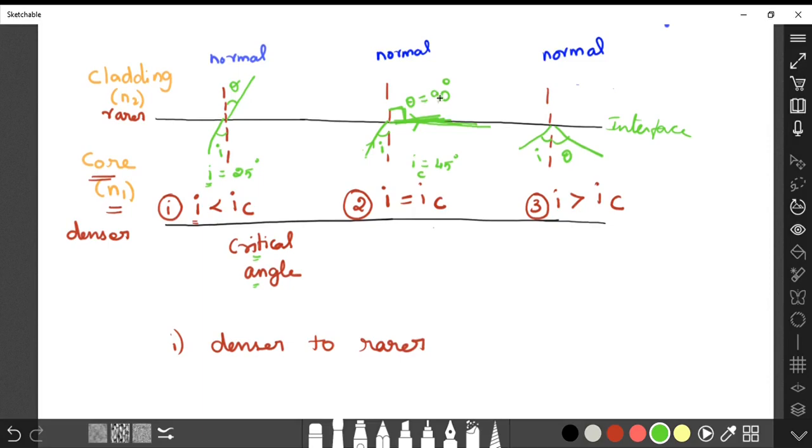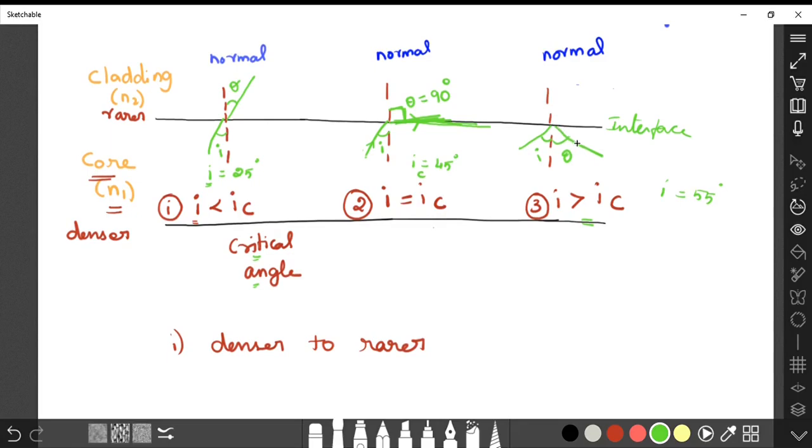Next, I am increasing. What is the third condition? I is greater than IC. It should be greater than 45 degrees, for example, I is 55 degrees. If the angle of incidence is greater than the critical angle, the light will reflect inside.